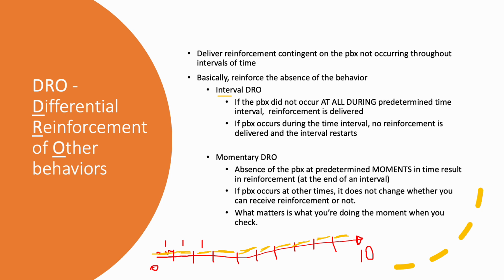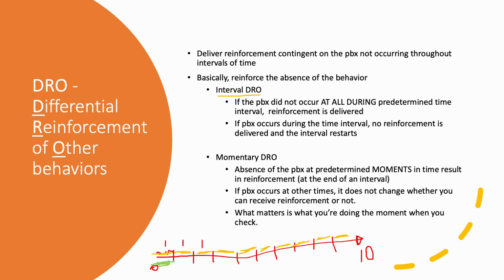Well, with interval DRO, what we do is basically we say, if the problem behavior did not occur at all during the predetermined time interval, then we provide reinforcement during that specific interval, okay? So what we're going to look at is, in this specific interval, did the behavior occur?